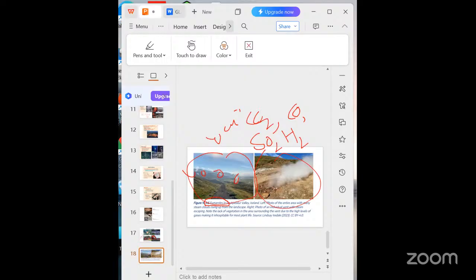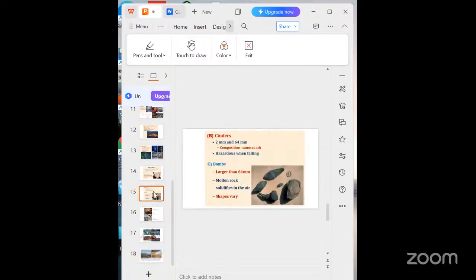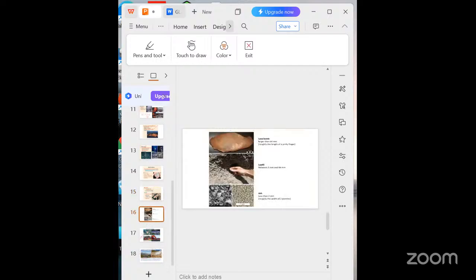So the section of pyroclastic materials will be discussed in this slide, right? So the pyroclastic materials.